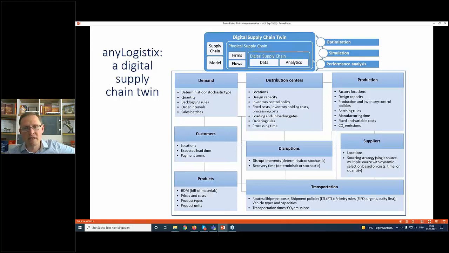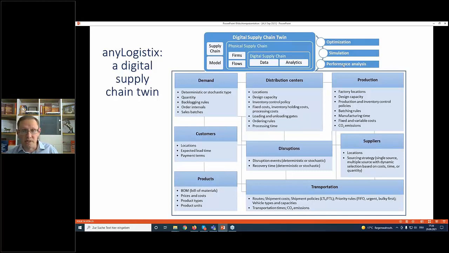And moreover, in this model we can represent firms of the physical supply chain, associated flows between these firms, and data related to different parts of the supply chain. And it is not a passive digital twin. It is an active digital twin with the help of network optimization, simulation, and performance analysis.